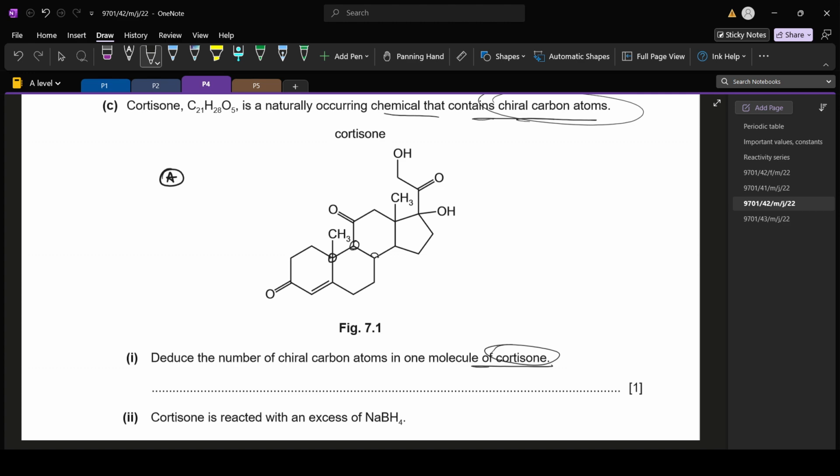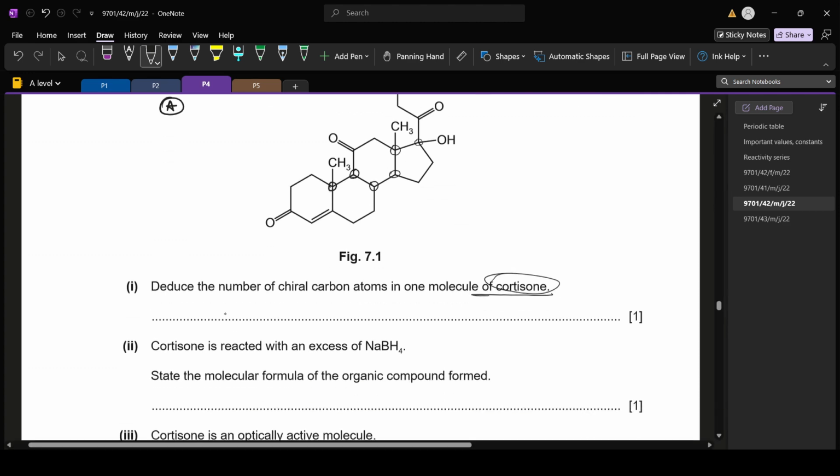Now you have this carbon over here, which is also a chiral carbon, and this carbon is also a chiral carbon. This is also a chiral carbon, and this is also a chiral carbon. So how many? 1, 2, 3, 4, 5, 6. Okay, so there are 6 chiral carbons, and you can see there are no other chiral carbons except these.